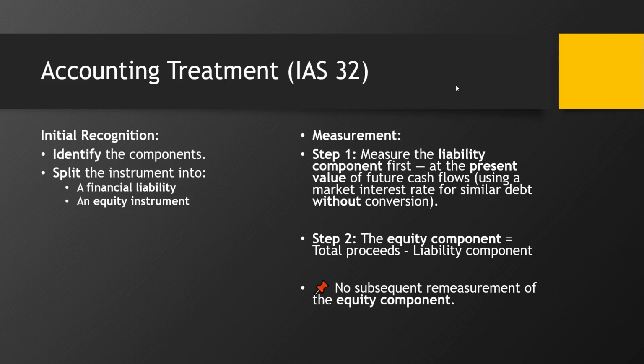So the first step is to identify the components. We identify both the financial liability, or the liability component, and the equity component. From there, we go ahead and split the instrument into the liability component and the equity component.